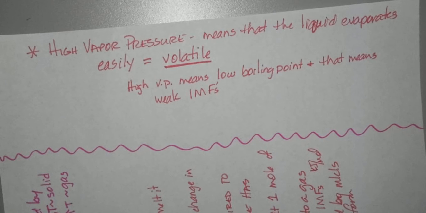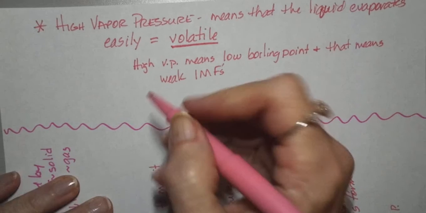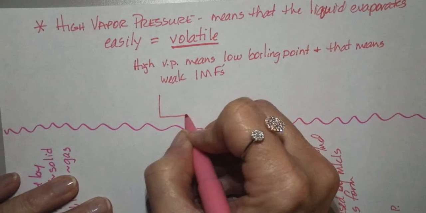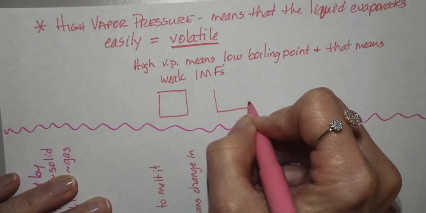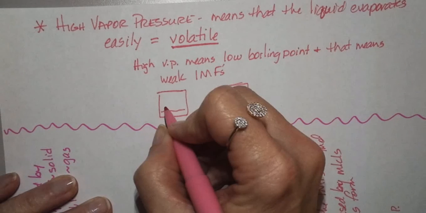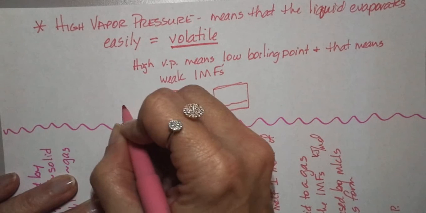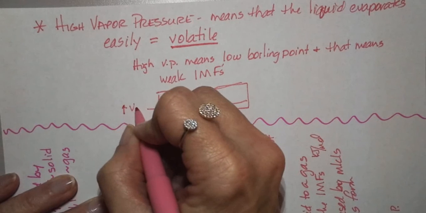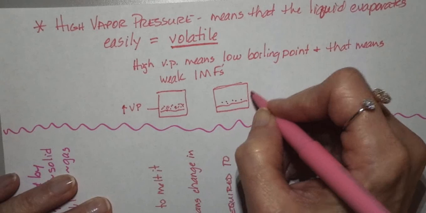So here I have two beakers, and here's my liquid. Here we would have a high vapor pressure, and here we would have a low vapor pressure. Low vapor pressure means then that, hey, there must be a lot of IMFs because it's not changing to a gas very easily.